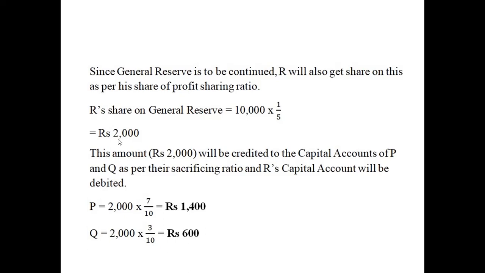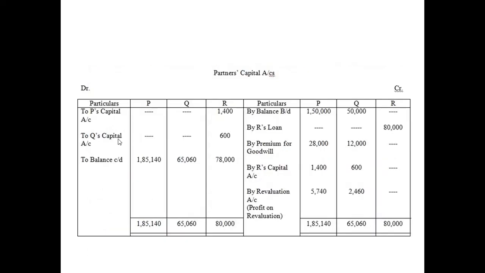Okay, now let us proceed to the capital account. In this question, if you have a look at adjustment number 2, R's loan will be converted into his capital account. So R's loan is already appearing in the liabilities column of the balance sheet, which is 80,000 rupees.